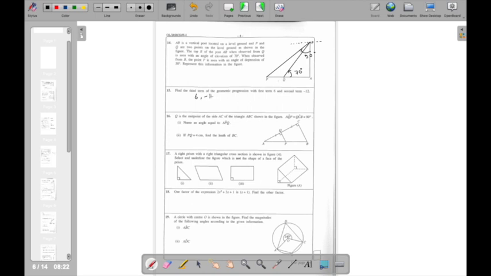So how will this be possible? Right? So obviously when you see this, you can see that it is a geometric progression as given. So for this you should use an equation like this: T to the base n is equals to a r to the power n minus 1, right?